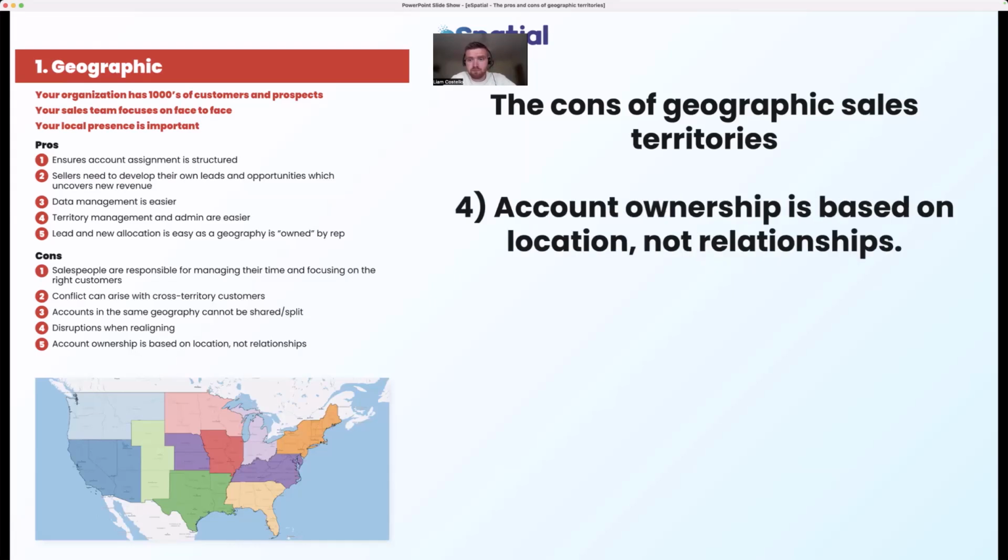Okay, and I think we've got four on this one, Liam. So this is your last con. Yeah, account ownership is based on location, not relationship. Any accounts that fall within a territory are assigned to the rep associated with that territory. So if there are any realignments, there's a negative there.